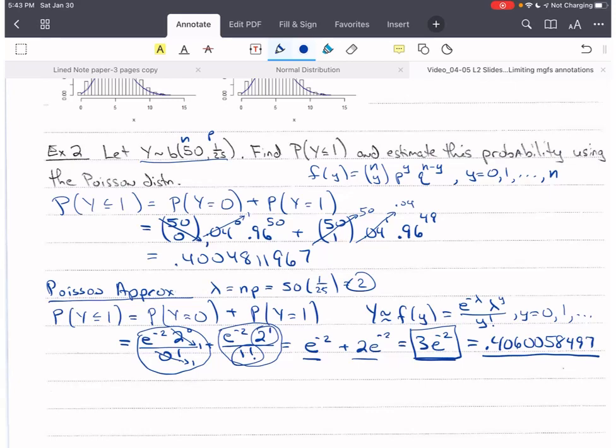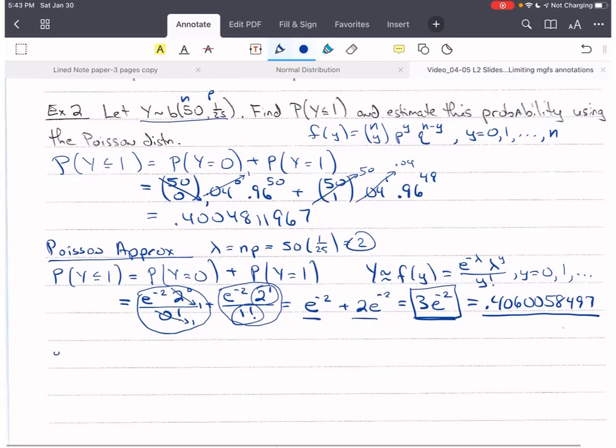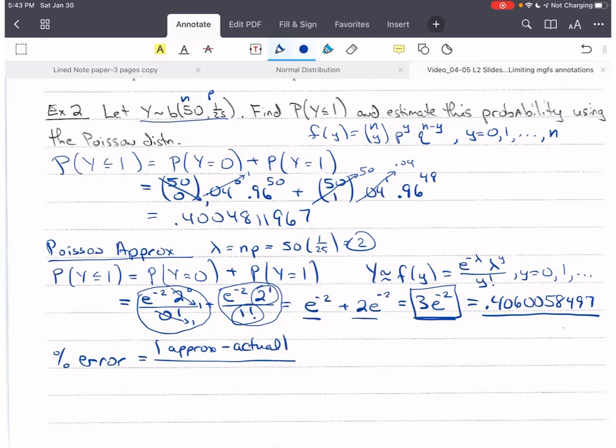And so now we're going to look at the percent error. Now, the percent error is equal to the approximation minus the actual, divided by the actual, as a percentage, okay?